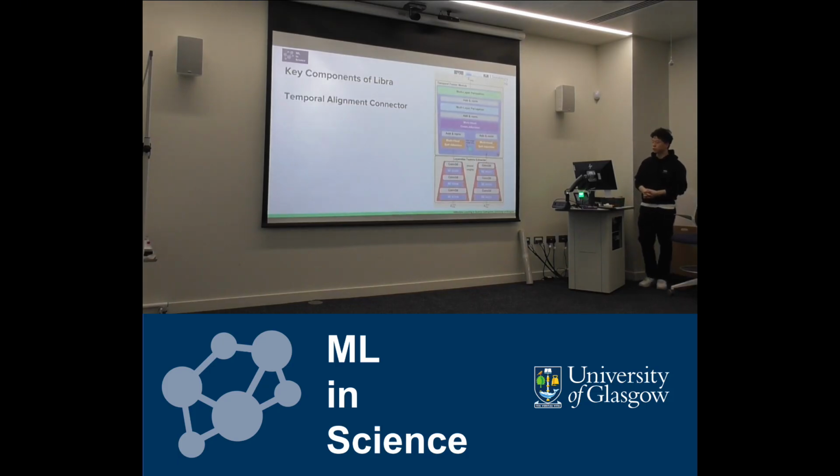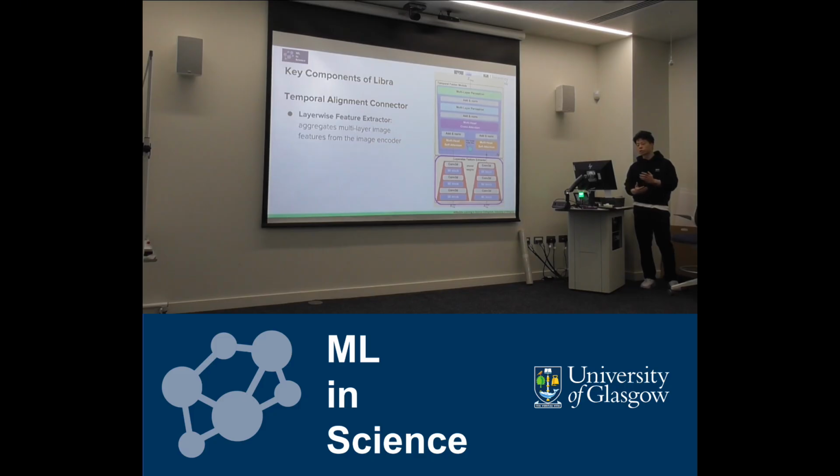The most important part is the temporal alignment connector. It consists of two key components: one is the layer-wise feature extractor, and the other is the temporal fusion module. The goal of the extractor is to aggregate multi-layer features from the image encoder. You're probably wondering why we need to use all hidden layers instead of just a single one for a global representation.